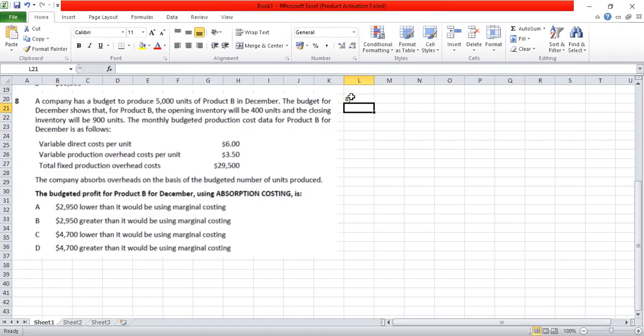Total variable cost per unit is 9.50. The question asked is, what is the budgeted profit for product B for December using absorption costing? So, absorption costing, how much is the profit?